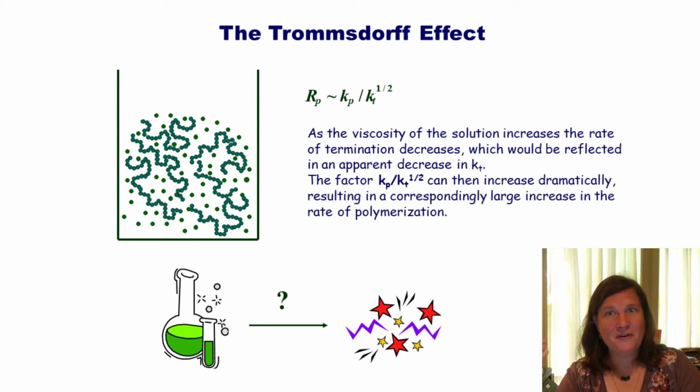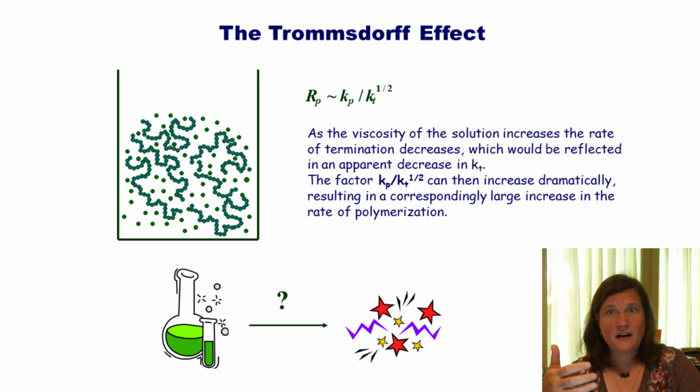Why is it important that the chain ends can find one another in free radical polymerization? It's really important that the chain ends can find one another because that's how termination happens through combination and disproportionation. The chain ends need to find one another.